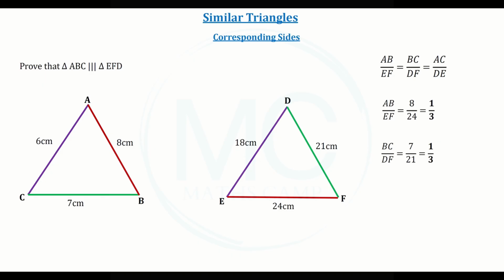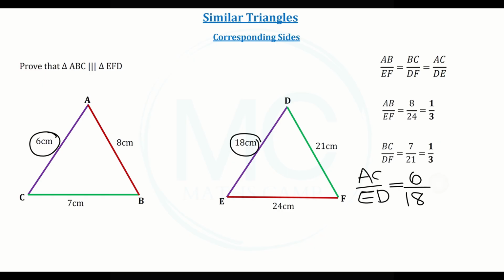So let's find the third pair of corresponding sides, AC and ED. So we can say AC over ED is equal to the length of AC, 6 centimeters. So we say 6 over ED, which is 18 centimeters. 6 and 18 are both divisible by 6.